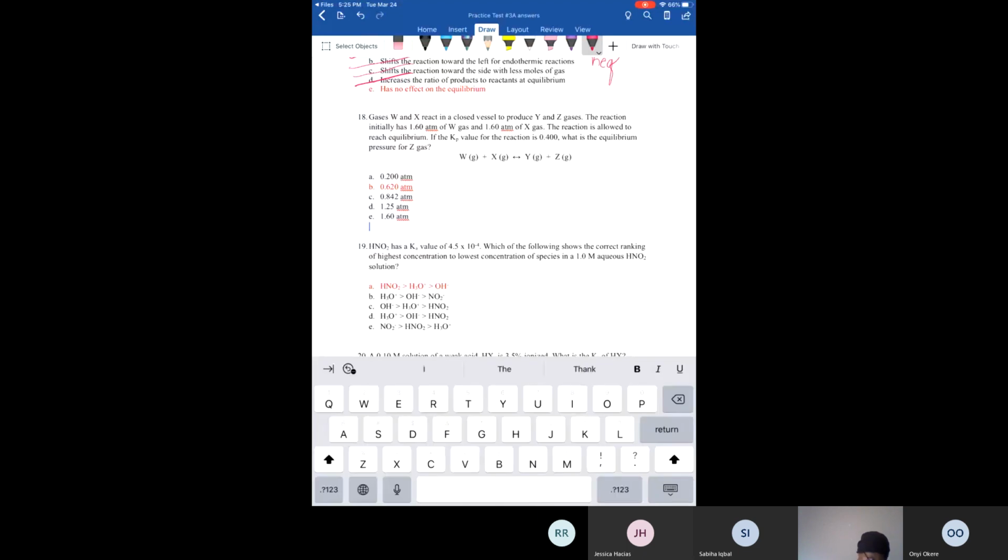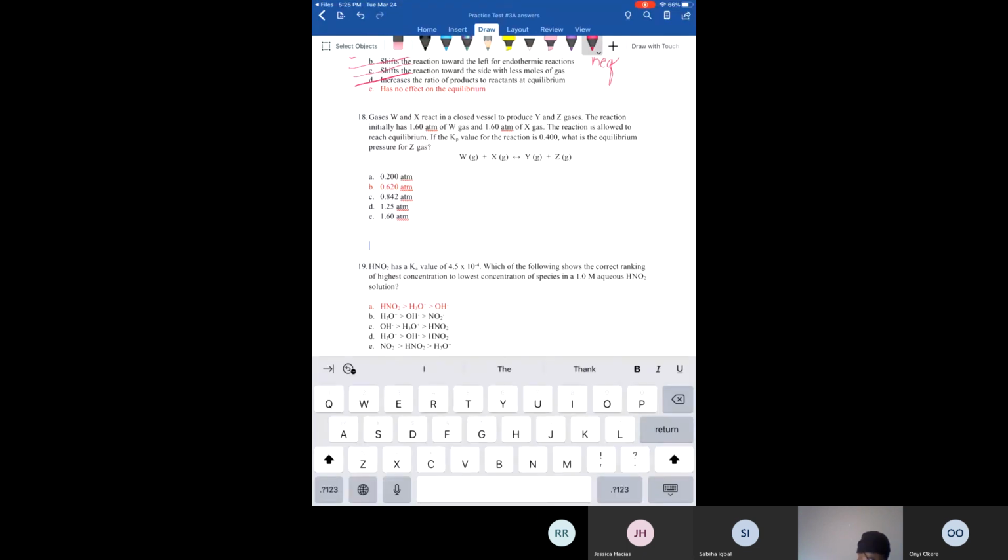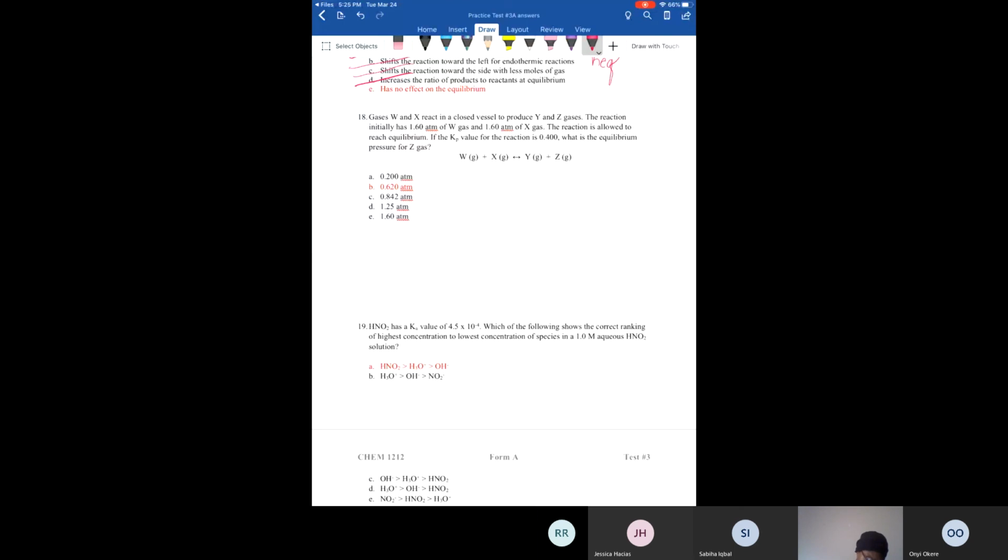Luckily it's 1.6 and 1.6, so these start off as 0, minus x, plus x, plus x. So 1.6 minus x, 1.6 minus x, x, and x. So 0.4 is going to be equal to x squared over 1.6 minus x squared. So you take the square root of both sides.